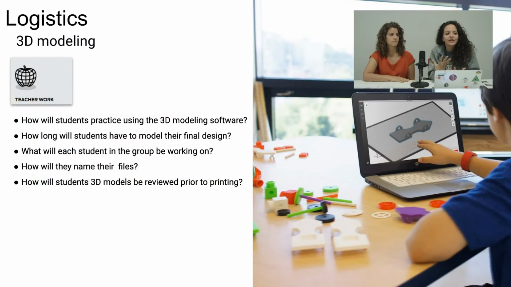That's true. And then some other important things that will make your life a lot easier is thinking of a naming convention for your files. If you're dealing with 30 students, that means you might have 30 files to deal with. And so finding a way to name those files, sometimes I've seen putting a student's last name for the name of the file, the date or the group that they're working in.